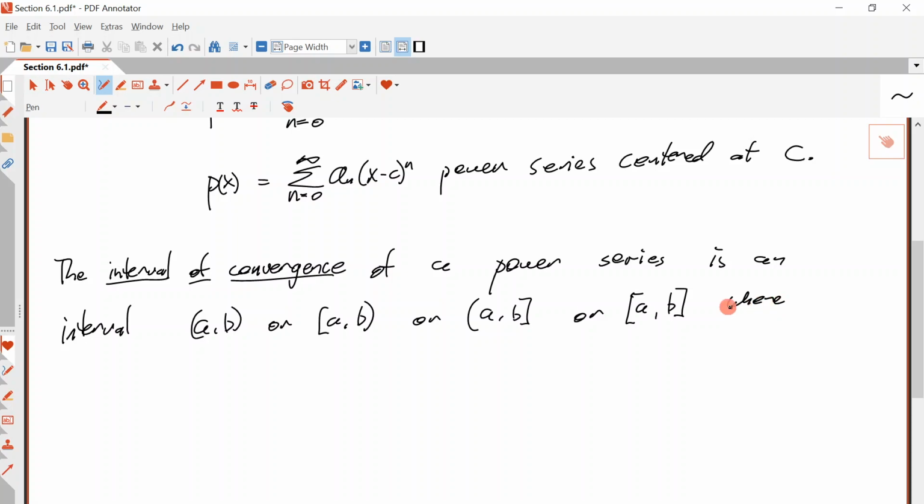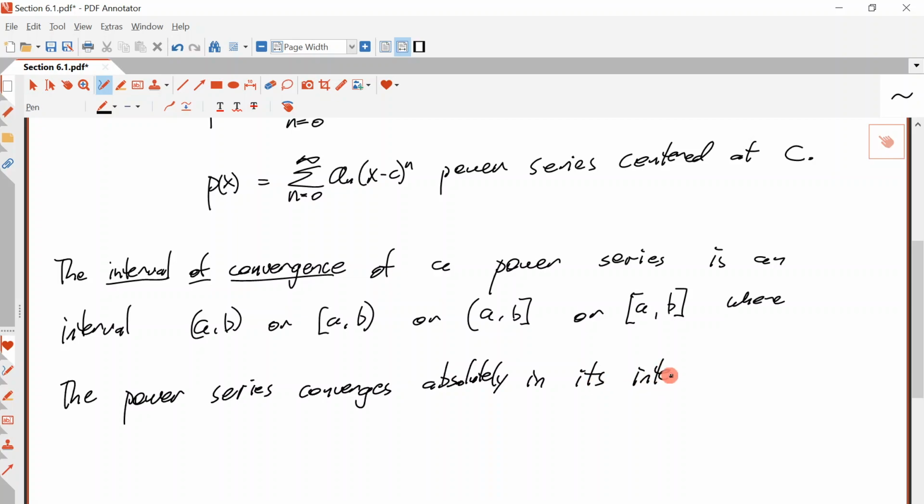Where the power series converges absolutely in its interior. So within the interval, the power series converges absolutely.